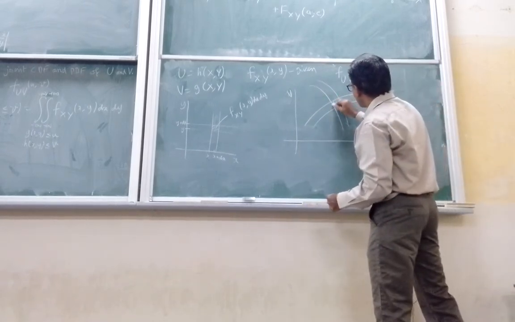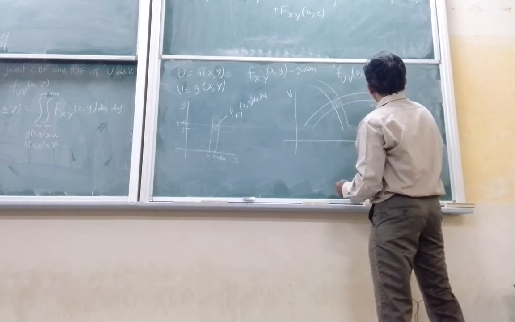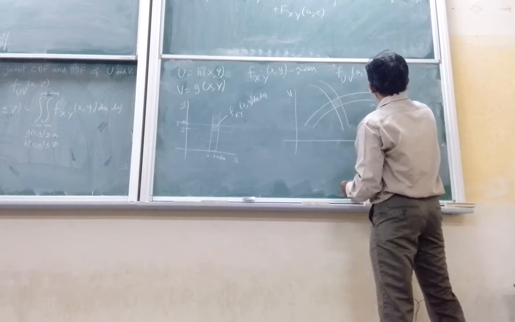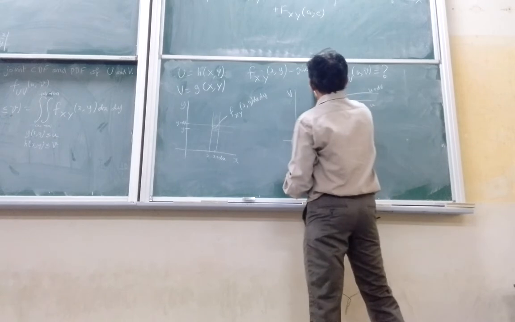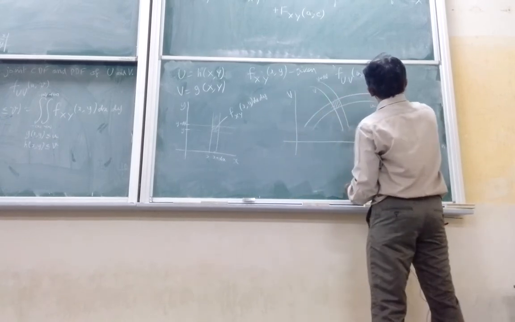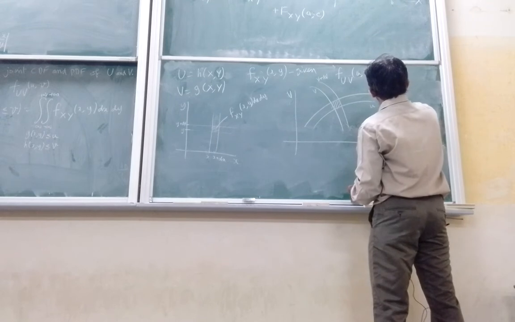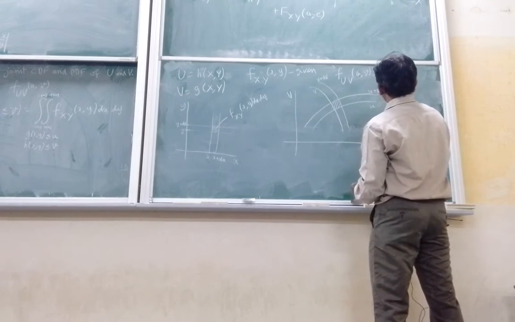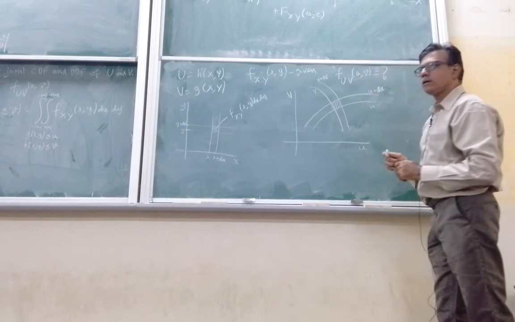So I put u plus dv, and this is v plus dv. So u plus du. Okay.